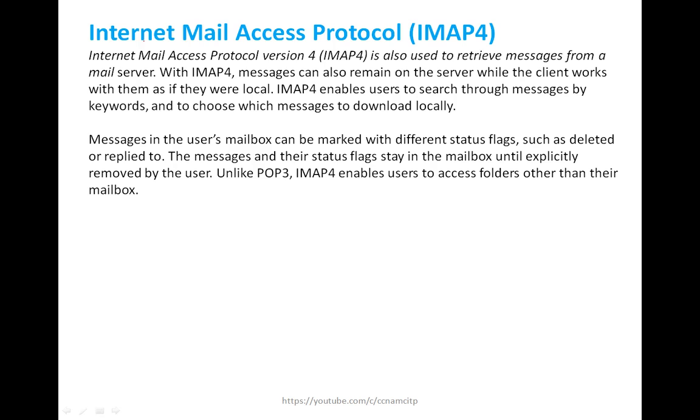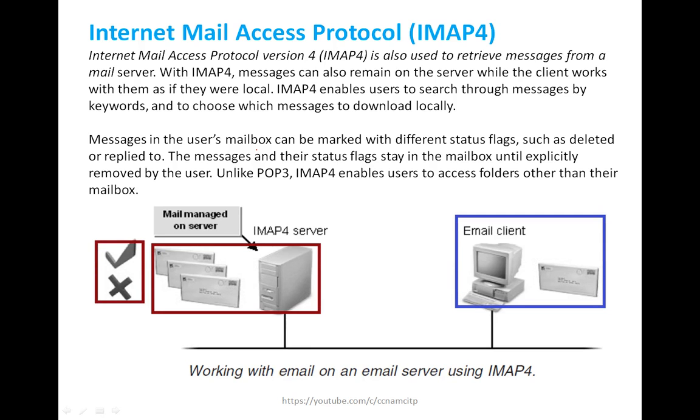Now guys, we have one more similar protocol, the Internet Mail Access Protocol, also known as IMAP4. IMAP4 is an older version of POP. In this, what happens, same function, it is also used to retrieve emails from the server, but once that email is downloaded to your client system, that message will be deleted from the server.